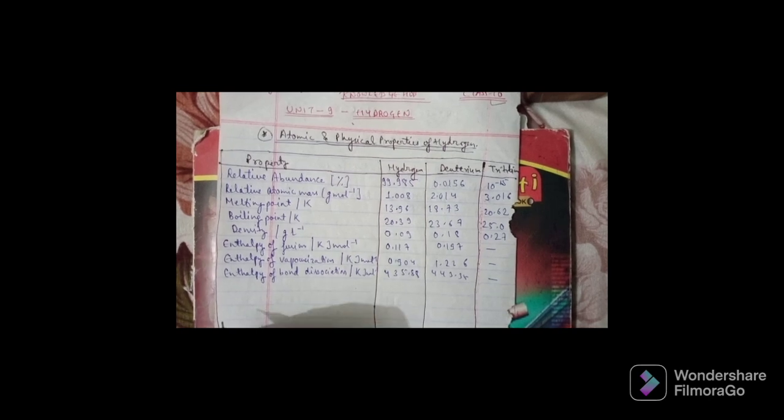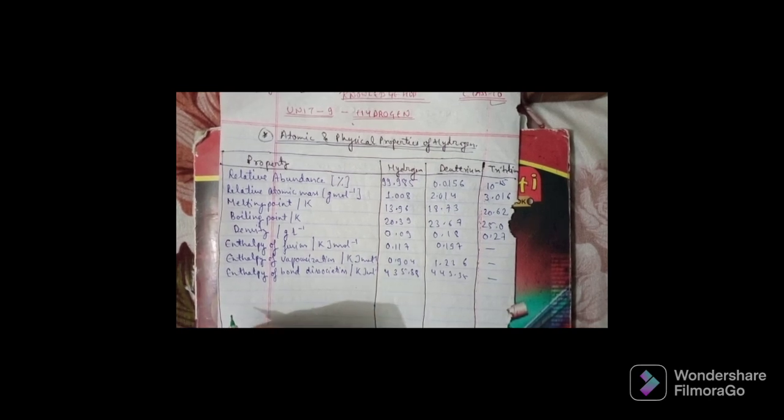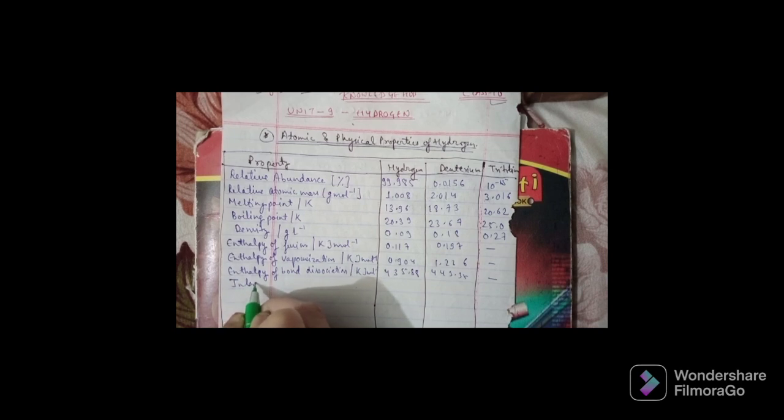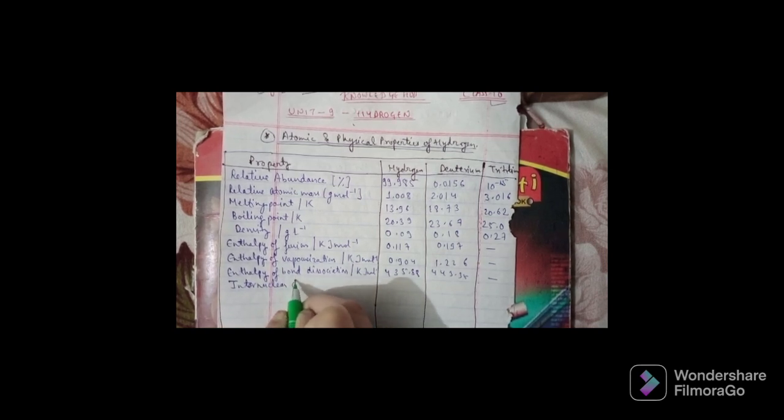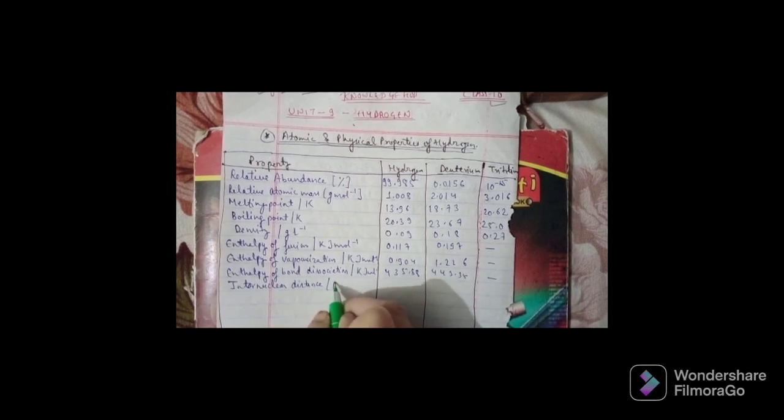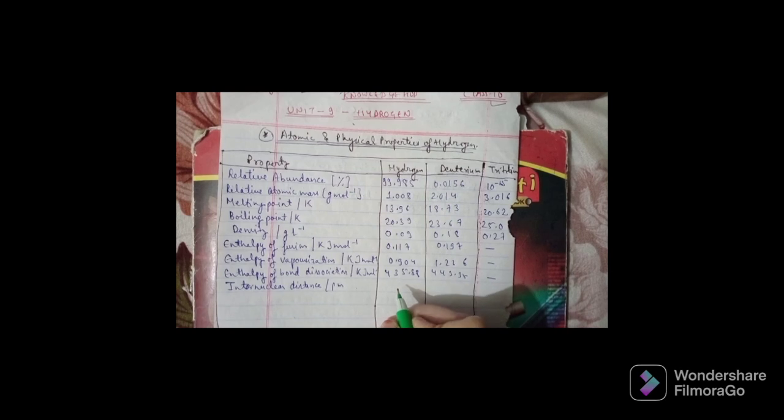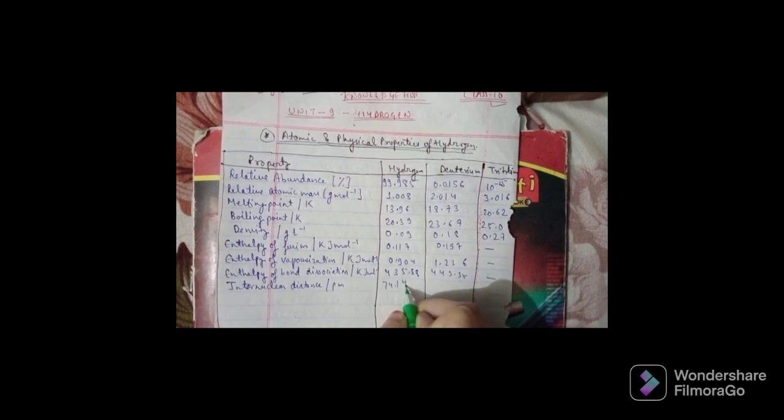Another is internuclear distance, in pm, which is 74.14 and 74.14 for the same.